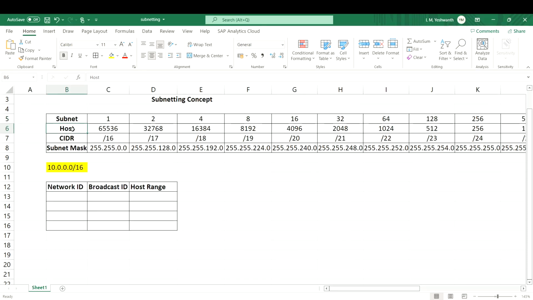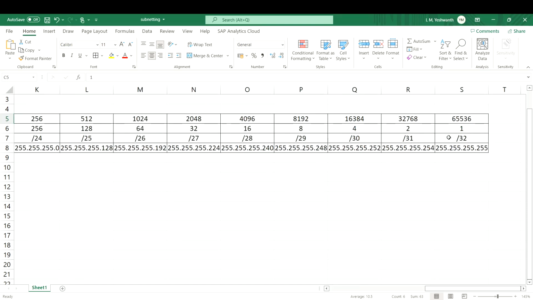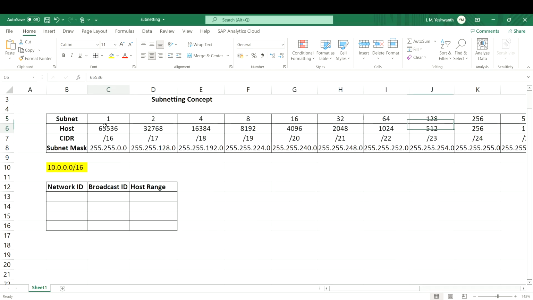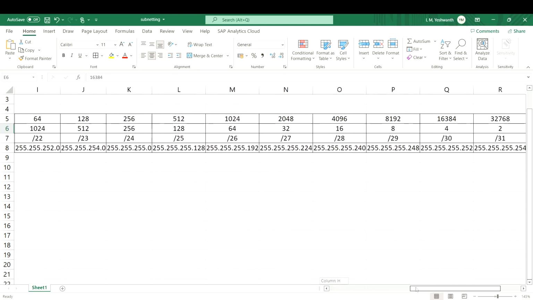The second row, which is host, I'm writing the first row in reverse order. The last column of the first row is 65,536, so I have reversed that and placed it as my first entry in the host row. The second one is 32,768, 16,384, and so on, reversing the first row to make the second row.